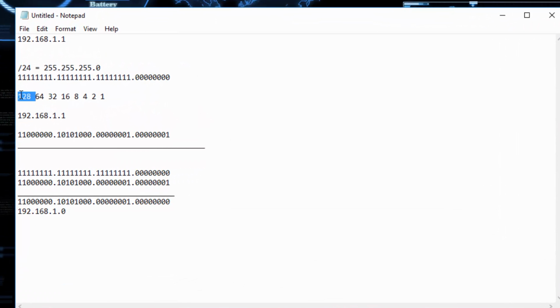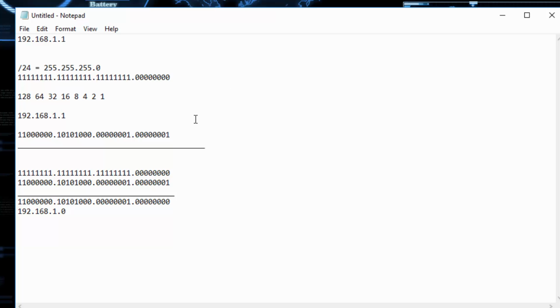For example, if this was 68, 64 fits into that, so it'd be 0, 1, and obviously 32 would make it too high, so that'd be 0. 16 makes it too high, same thing with 8, and same thing with 4. And 2 and 1 will be 0. So if this was simply 68, it'd be 0 1 0 0 0 1 0 0.